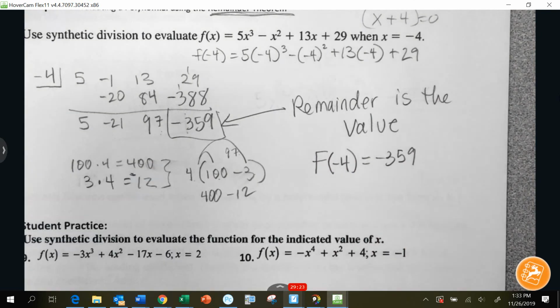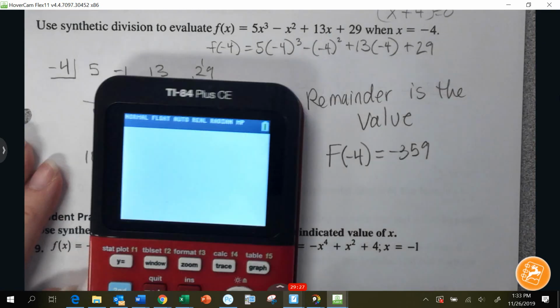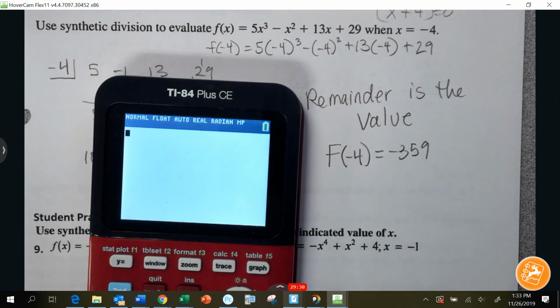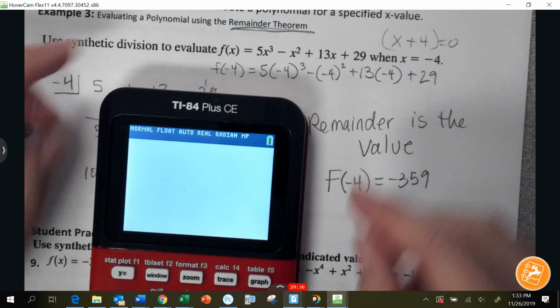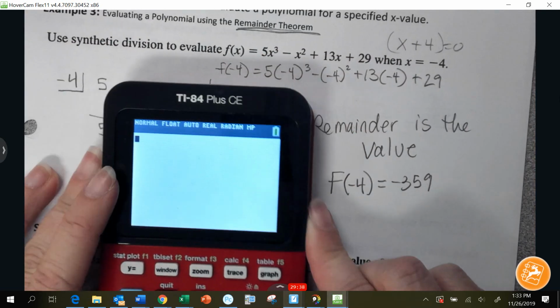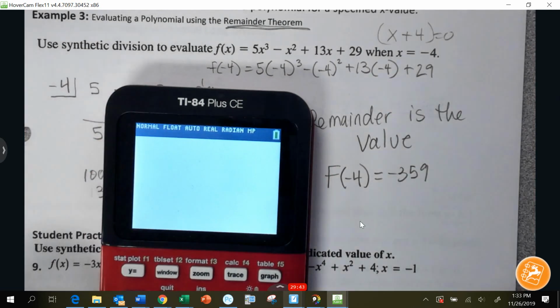So I'm going to double check because I just made 2 mistakes in a row. It's not asking you to divide. It's asking to use synthetic division to evaluate, find a value. And normally we would do it this way. I'm going to do it this way on my calculator to validate that we did it right.